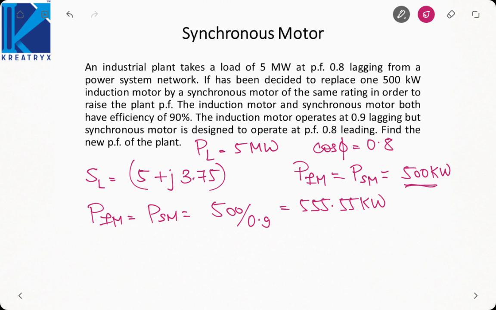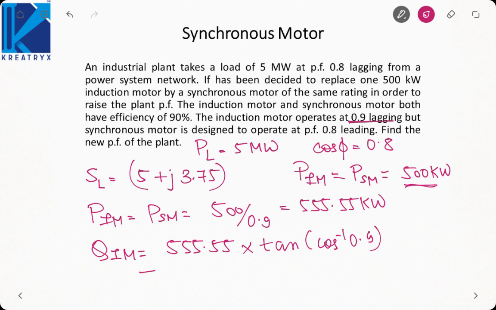Now the induction motor operates at a power factor of 0.9 lagging, but the synchronous motor at 0.8 leading, which means the reactive power of the induction motor will be 555.55 into tan of cos inverse 0.9, and it should be positive because it is lagging power factor. So it is 269.067 kVAR.